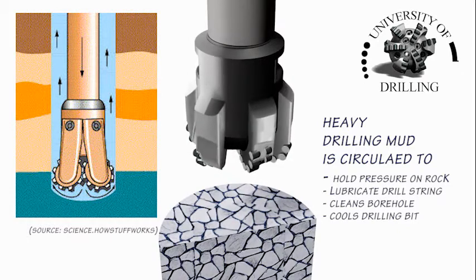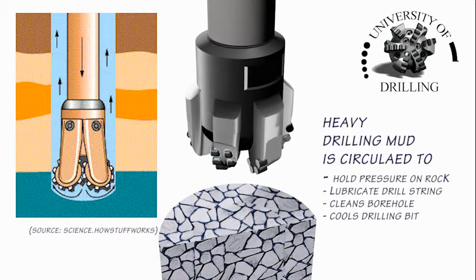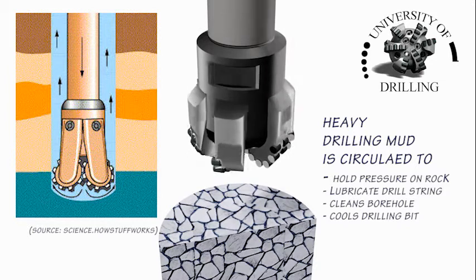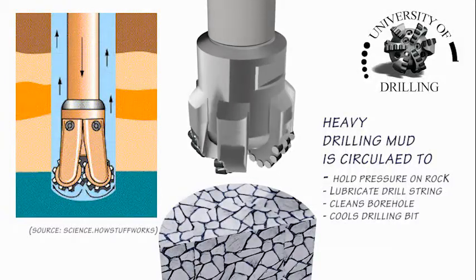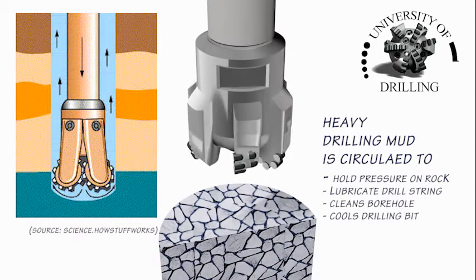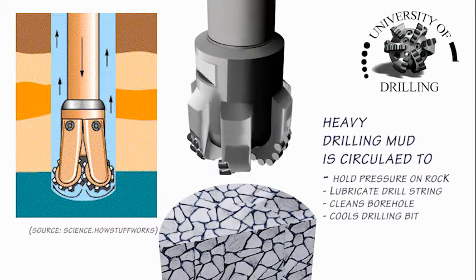Drilling mud holds back the pressures within the rock, lubricates rotation of the drill string, lifts rock cuttings from the hole we are drilling, and cools and lubricates the drilling bit.